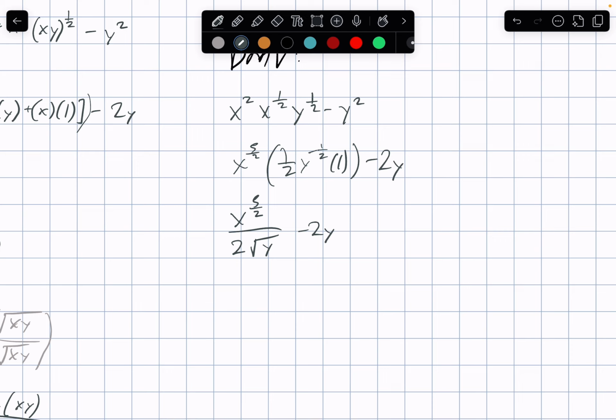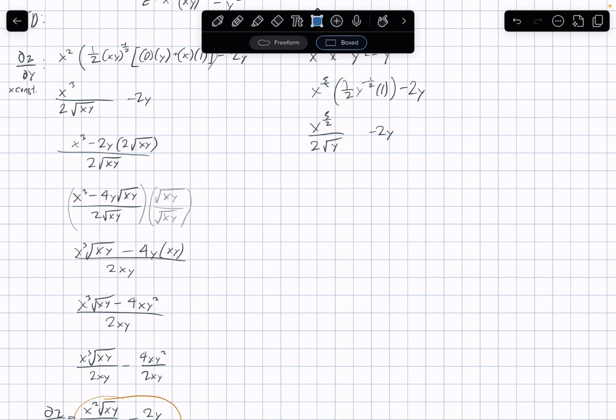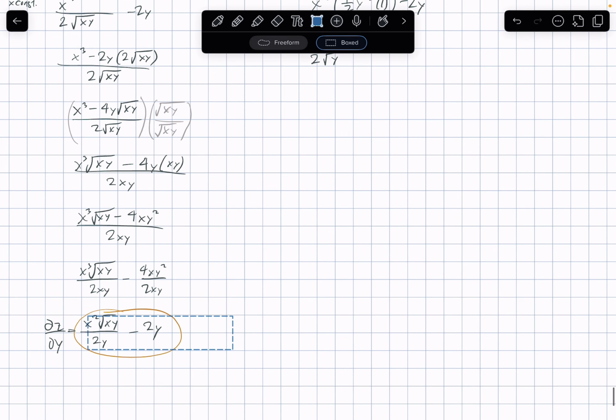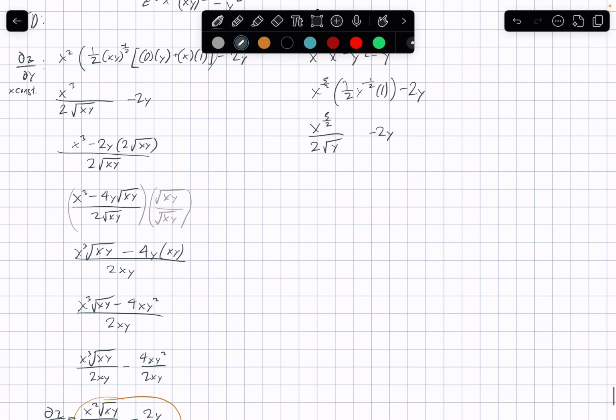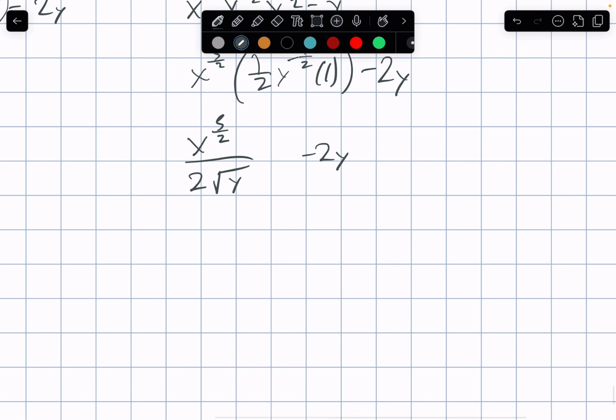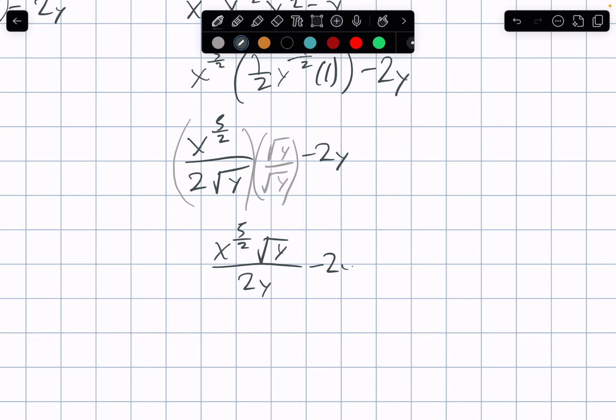Okay, and then at this point you can see that our solution is similar to the answer we found using TD. So you don't have to find LCD at this point, just rationalize. So square root of y, square root of y. What you'll get is x raised to 5 over 2 square root of y over 2y minus 2y.